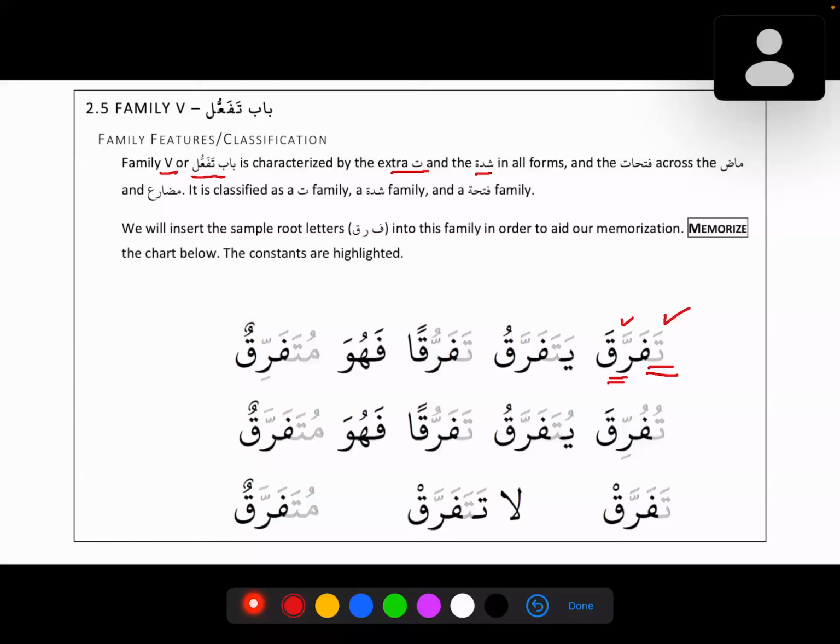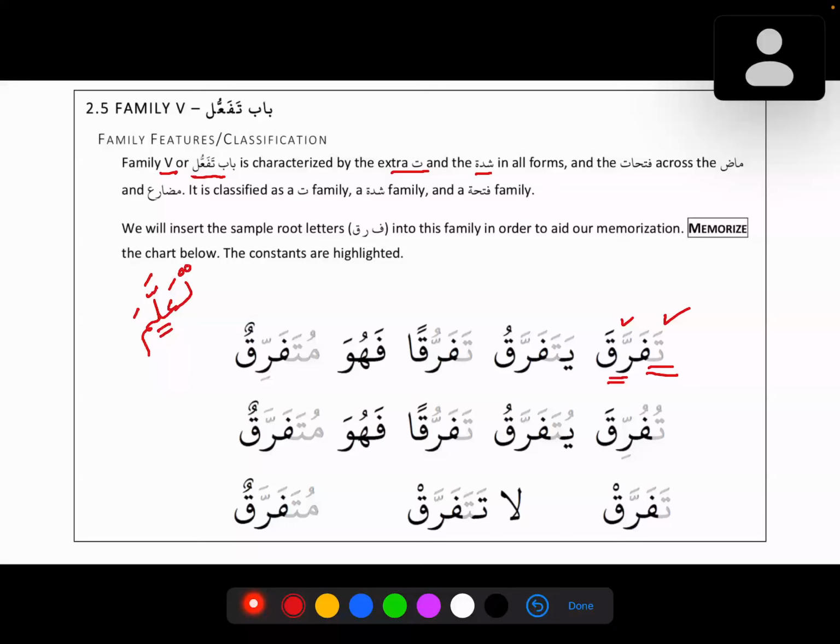We are not going to mix it with the allama family, right? Allama, yes, the middle root letter is having a shadda, but this is family 2 until you add ta to it.